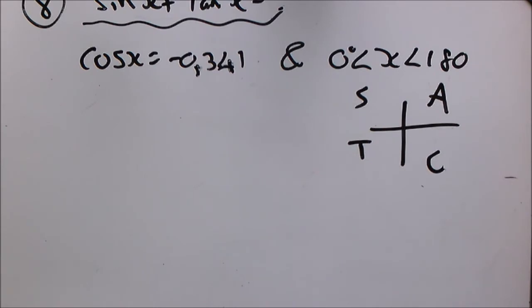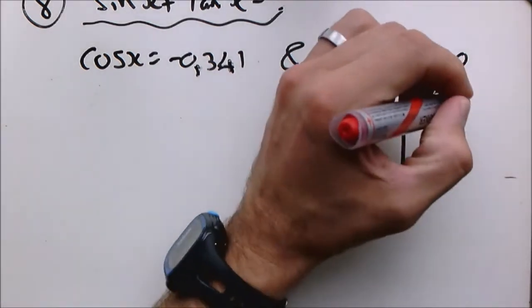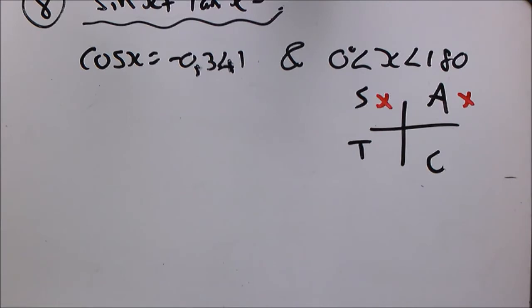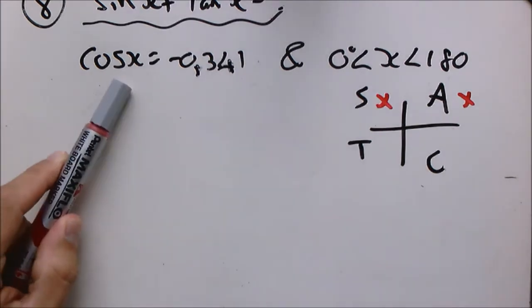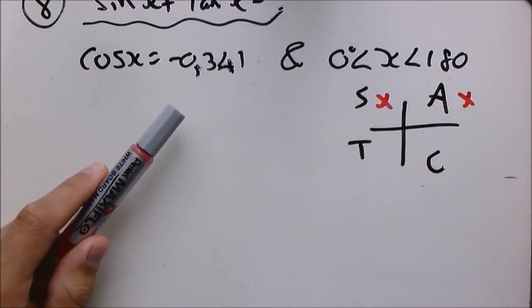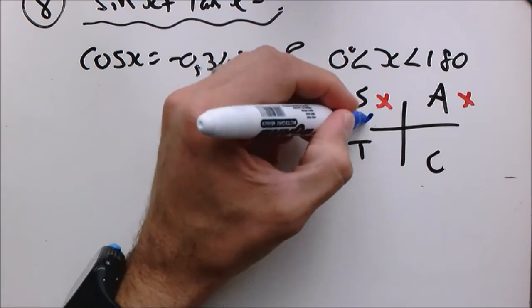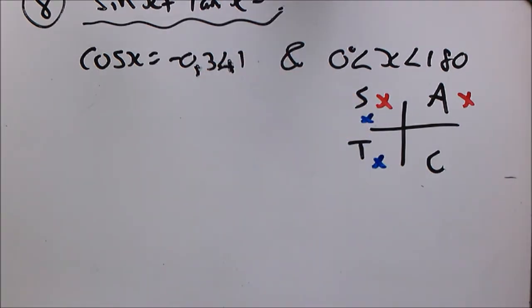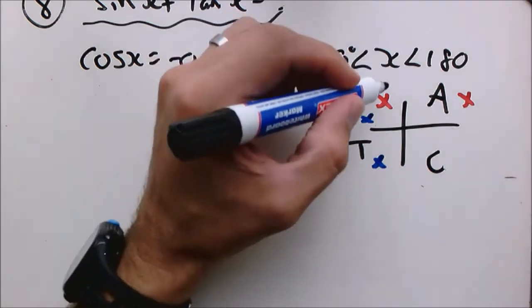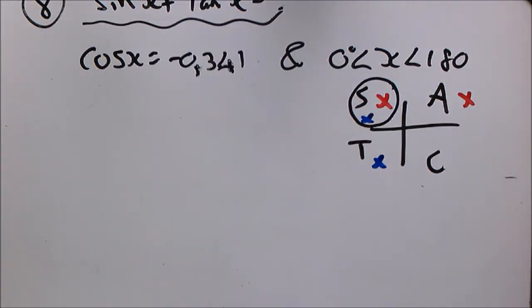Between 0 and 180, so that is the first and the second quadrant, and cos x is negative. So let's ask ourselves, where is cos x negative? It's negative in the second and third quadrants. So the one we are going to work with is our second quadrant.